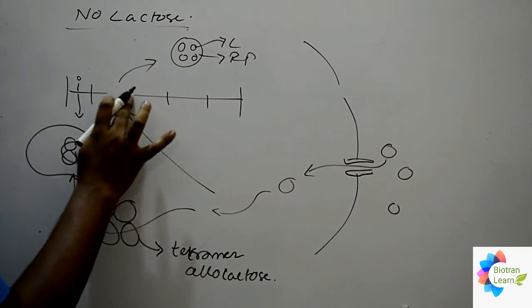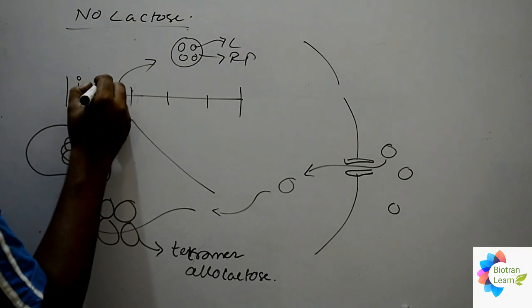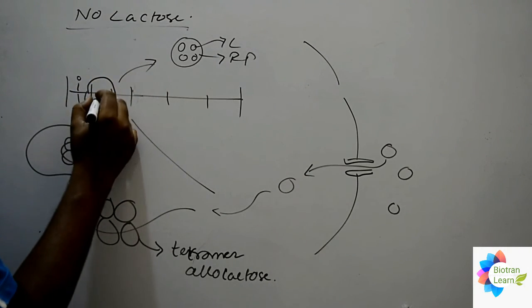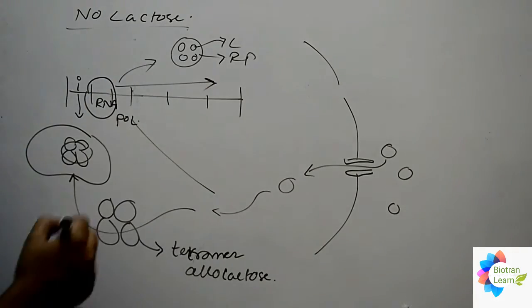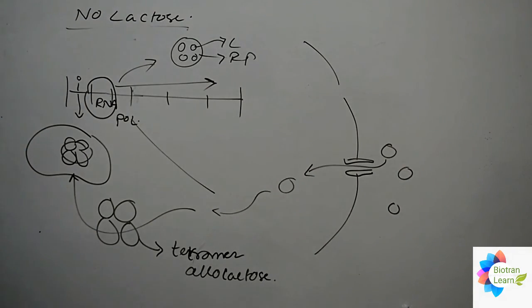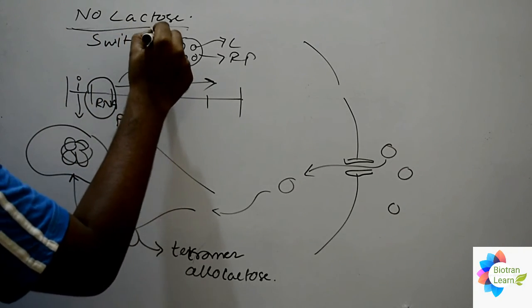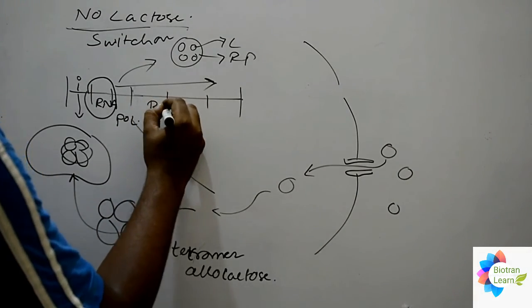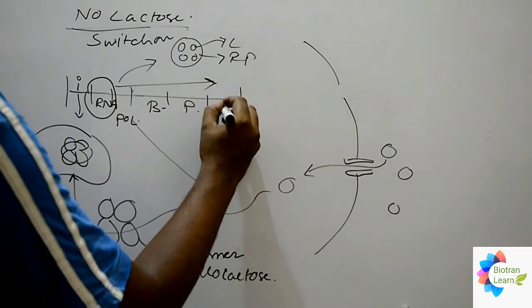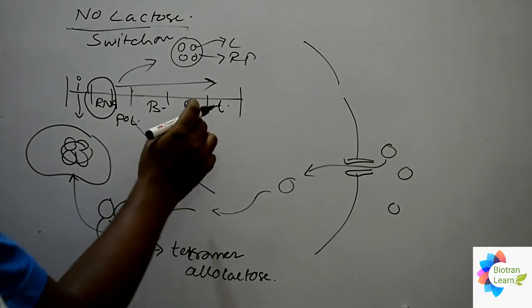So it will be gone for that timing, right? Now if the RNA pol comes here, then the transcription will start again. So this will switch on the mechanism, right? And beta galactosidase, permease and transacetylase will start to form again. And what would happen?